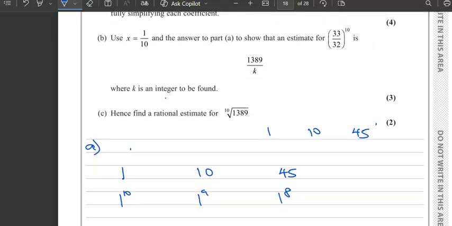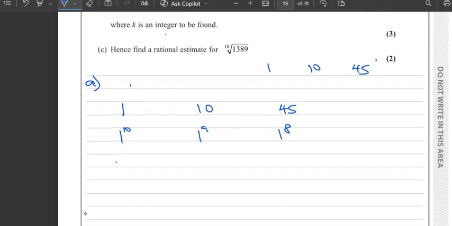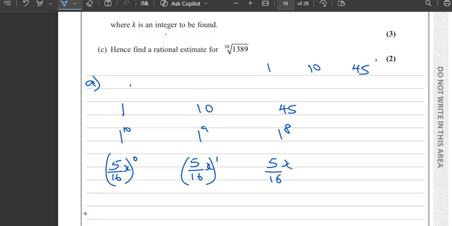So that is what I want to use here. So the next one will have 5/16 x, starting from power 0, then 5/16 x power 1 and 5/16 x power 2.